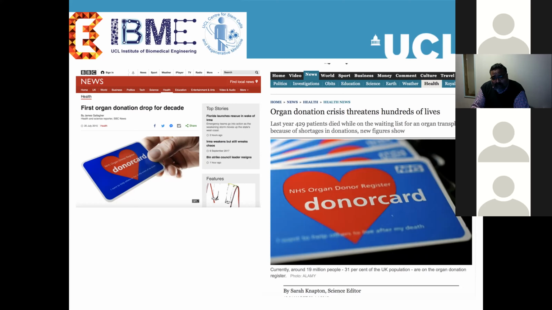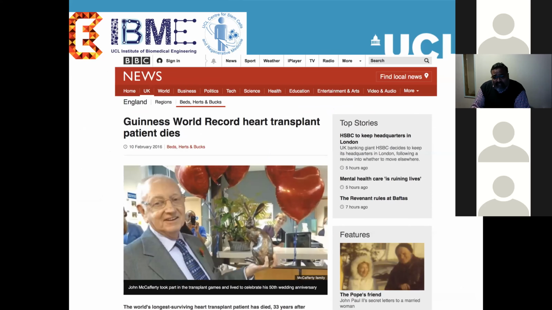The problem with that, as I mentioned before, is the side effects from these immunosuppressants. You can see some very successful stories where people have lived a very fulfilling long life over many years after transplants.